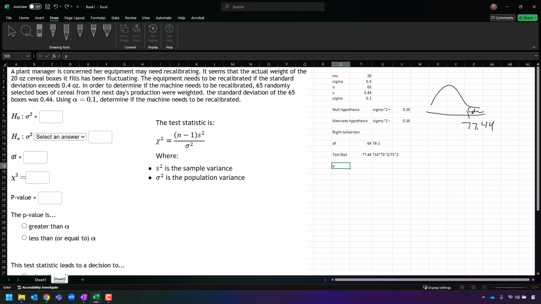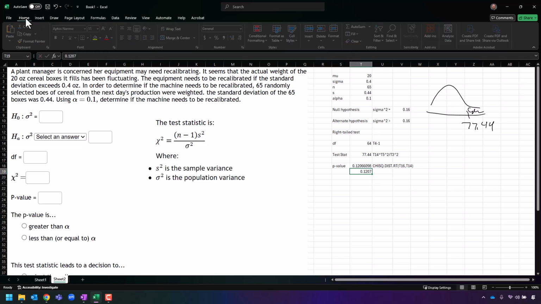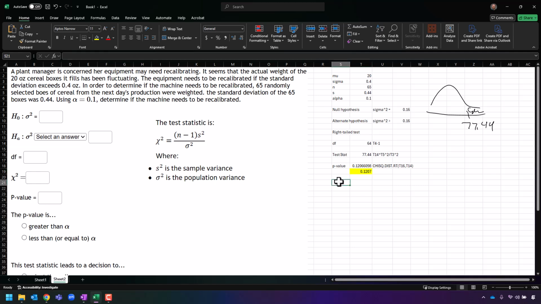So if I'm looking to find the p-value, I can use a chi-squared distribution right-tail function, click on the test statistic, click on the degrees of freedom, and that is it. Not a lot else to do there, except for round it to 4 decimal places. So there it is, the p-value.